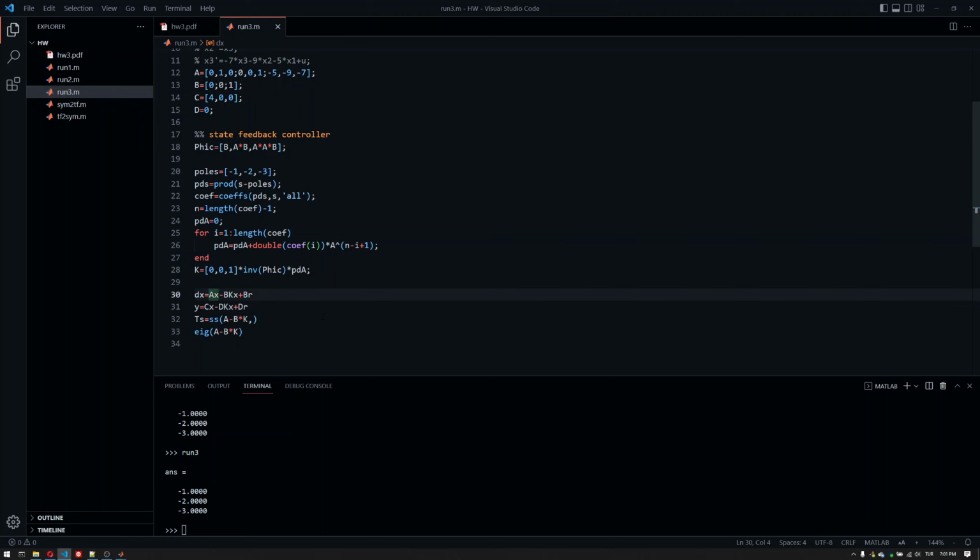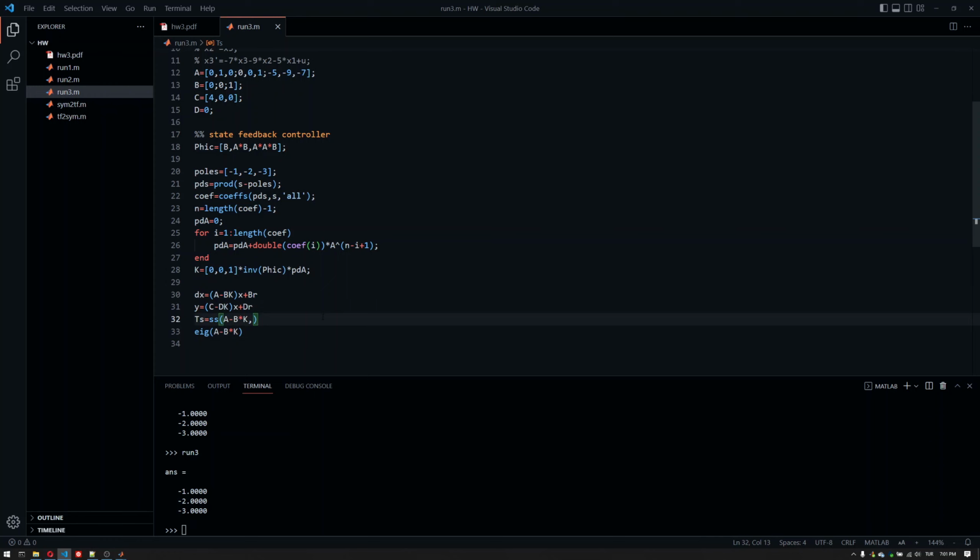So you can see that we can factor it out. A minus BK is going to be this, and of course we have C minus DK, which would give us the closed loop here. And we can apply step to r and see what y is going to be.